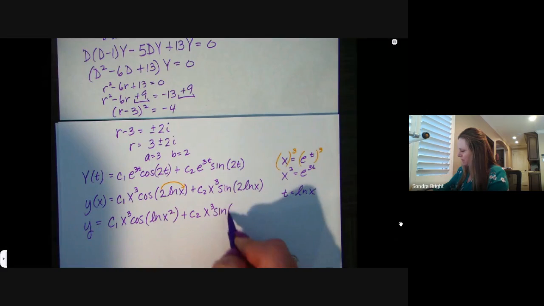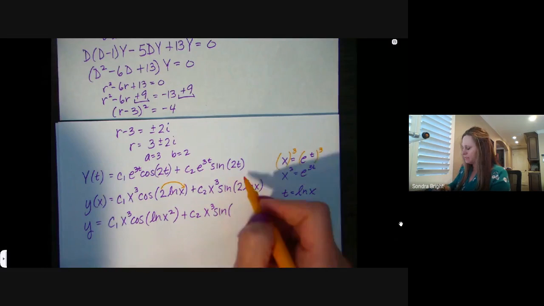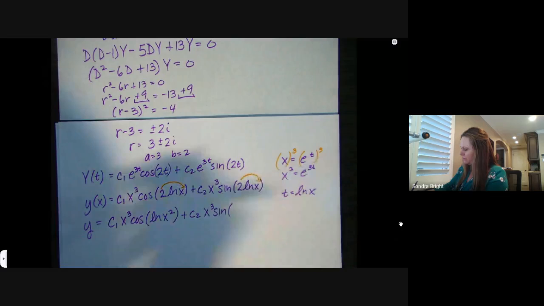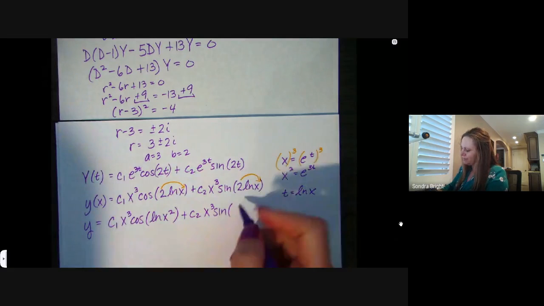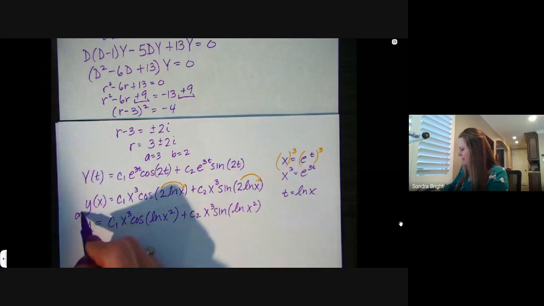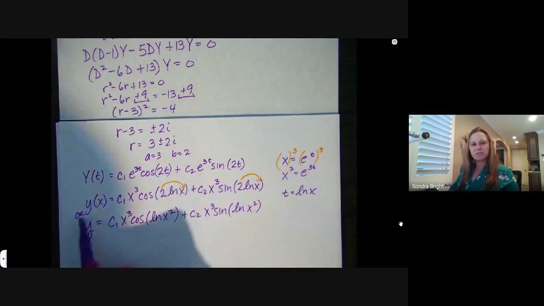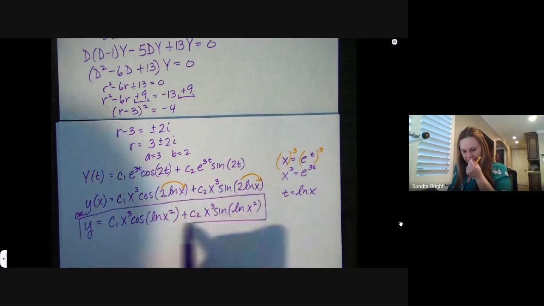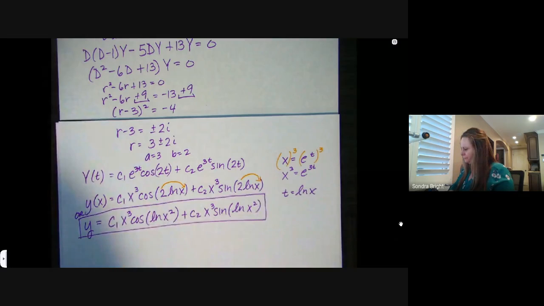The 2 can come around and be put as an exponent on the x and make it the natural log of x squared. So either one is fine. I would write it that way, just because it just looks better. I think so anyway.